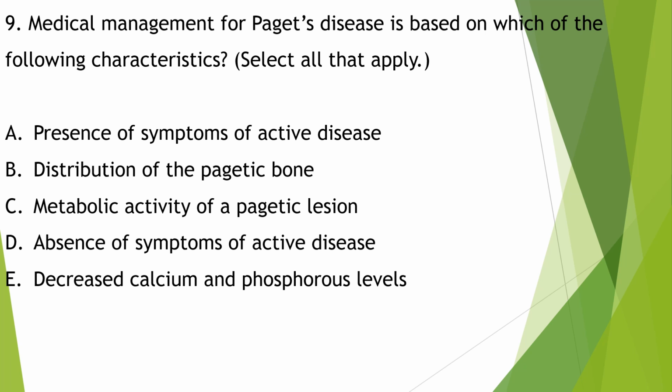So the medical management of Paget's disease is based on presence of symptoms of the active disease, distribution of the Pagetic bone, metabolic activity of a Pagetic lesion, absence of symptoms of active disease. Changes in calcium and phosphorus may be present but do not predict the treatment.